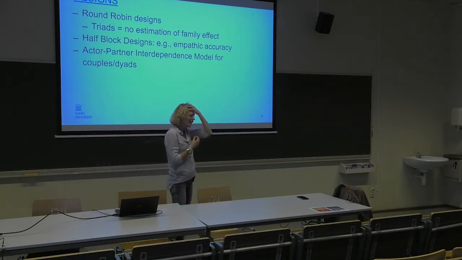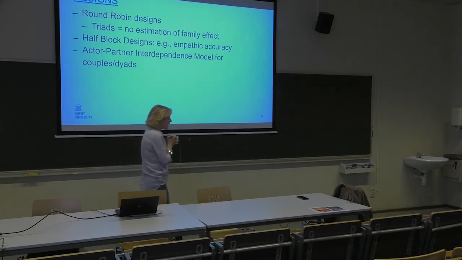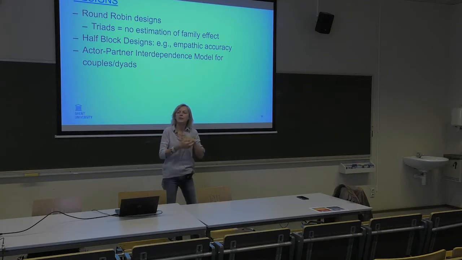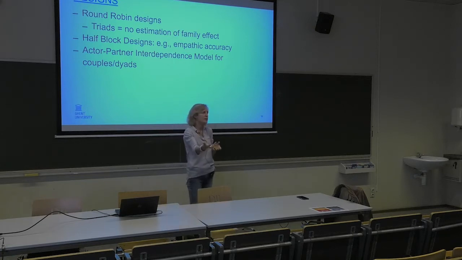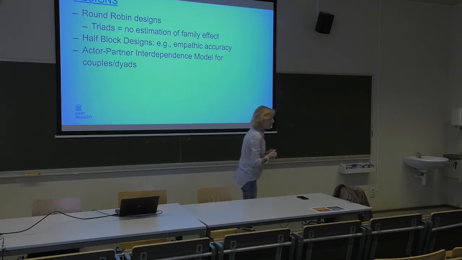There was also something that you can do in dyads, and that we call the actor-partner interdependence model. For instance, if you would ask, what's the relationship between physical attractiveness and attachment? Is someone who is more physically attractive easier to be attached to, or something like that?